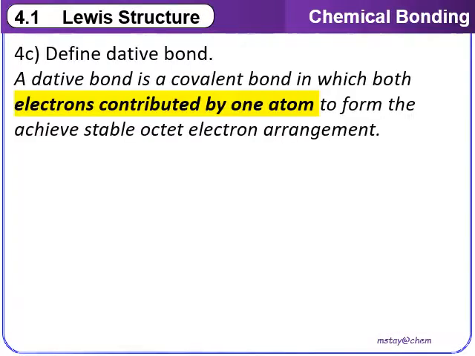Question 4c, define dative bond. A dative bond can also be known as a coordinate bond. It has a character in between the ionic bond and the covalent bond. But generally we consider a dative bond to be one type of covalent bond in which they share electrons.